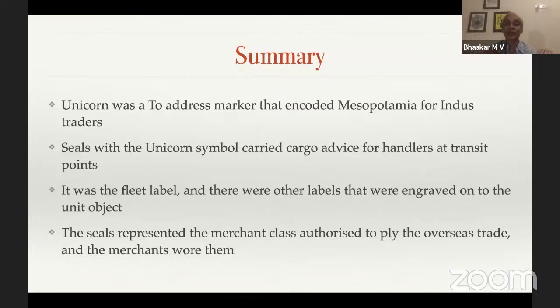As I had shown earlier, these are simply not sent as stamps. These were also worn around the people's neck or armband or around the wrist or wherever. So these seals simultaneously also represented the merchant class who were authorized to ply the overseas trade and the merchants that wore them.